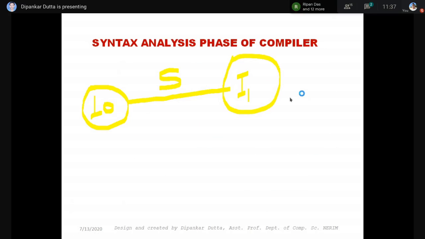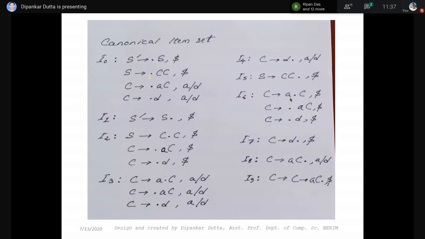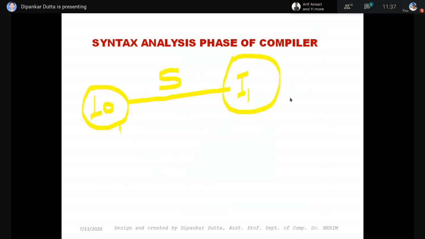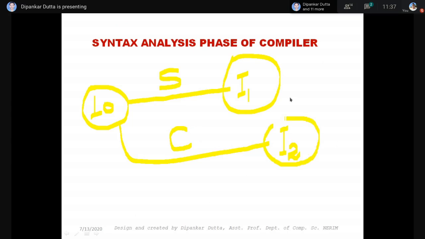Similarly, if dot C is there, S implies dot CC comma dollar, then the output will be in I2, S implies C dot C dollar. Here you can show that if capital C is the input, then the output will be I2. You have to put some arrow mark here.